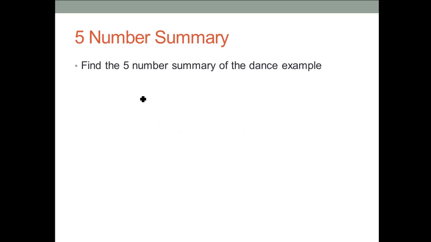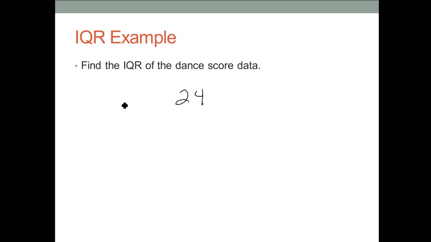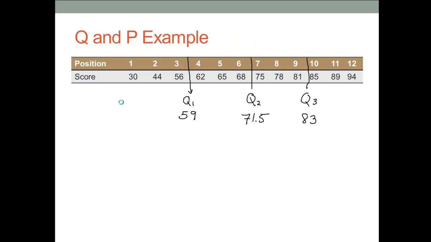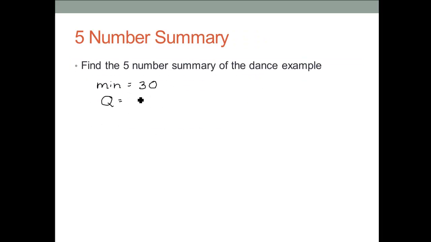So let's find the 5-number summary. Our minimum is the smallest data point, which is 30. Our quartile 1 was 59. Our median was 71.5.